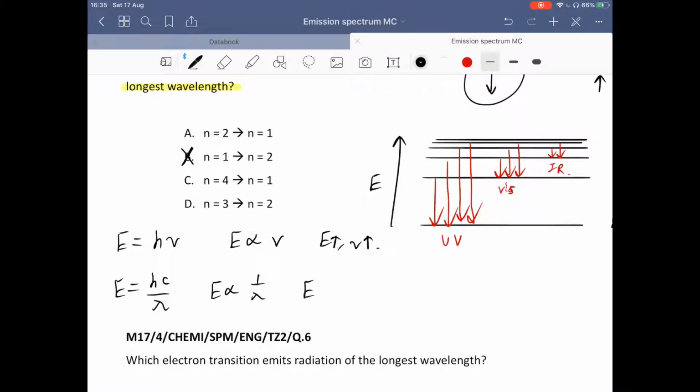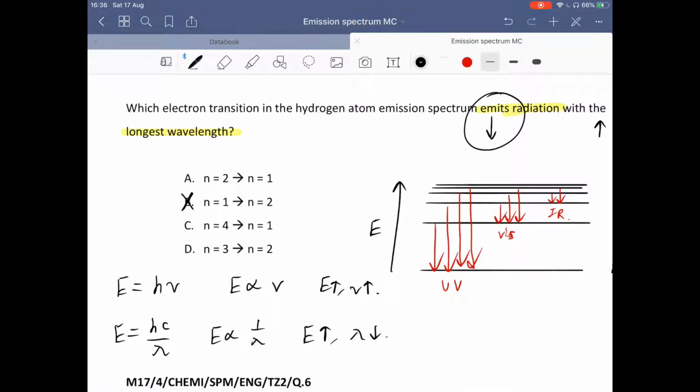Which means higher energy, shorter wavelength, or lower energy, longer wavelength. Now we have to choose the one with longest wavelength radiation. So wavelength increases, energy decreases. That means we have to choose the one with smallest energy. That means the shortest distance.